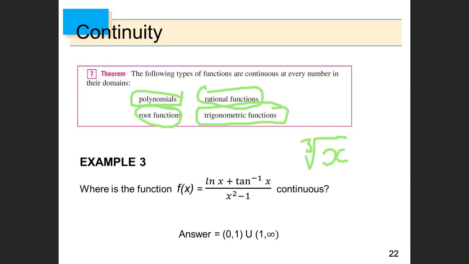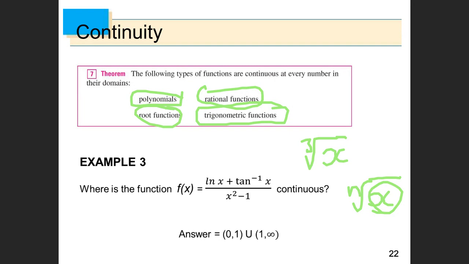So in summary, I'm just going to put n there just so that everyone is happy. For every nth root of x, if n is odd, the domain is the set of real numbers. If n is even, the focus will be that everything inside the root has to be greater than or equal to 0.